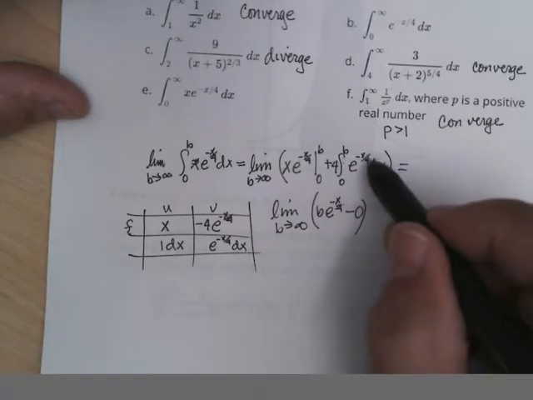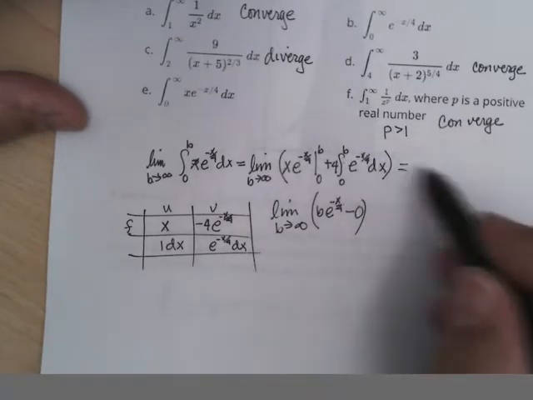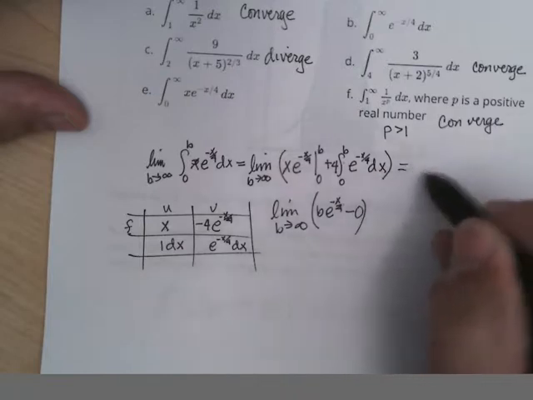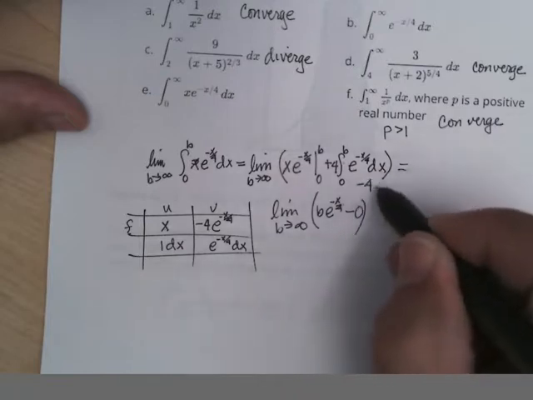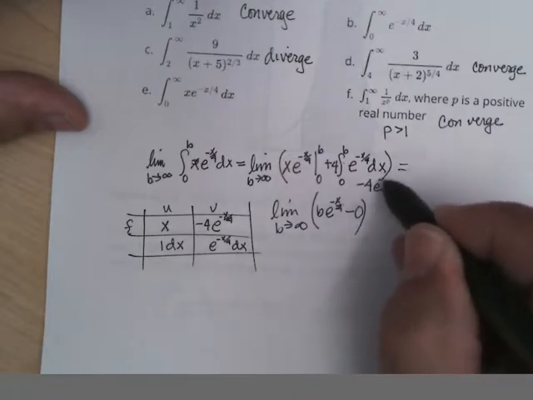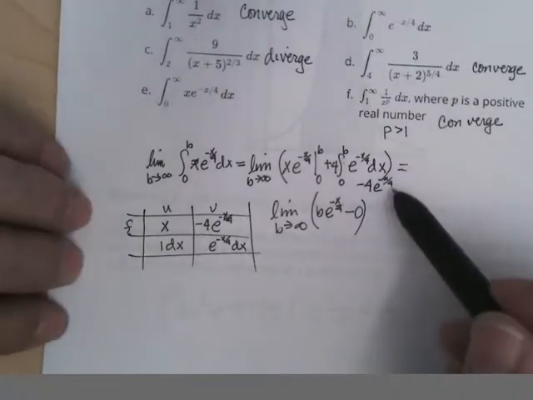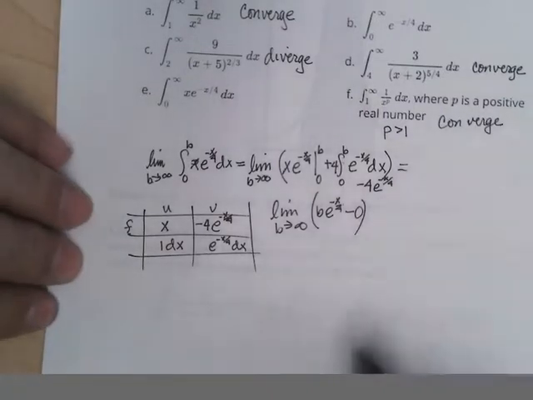If you do a u sub, you're going to get the negative 4 e to the negative x over 4.